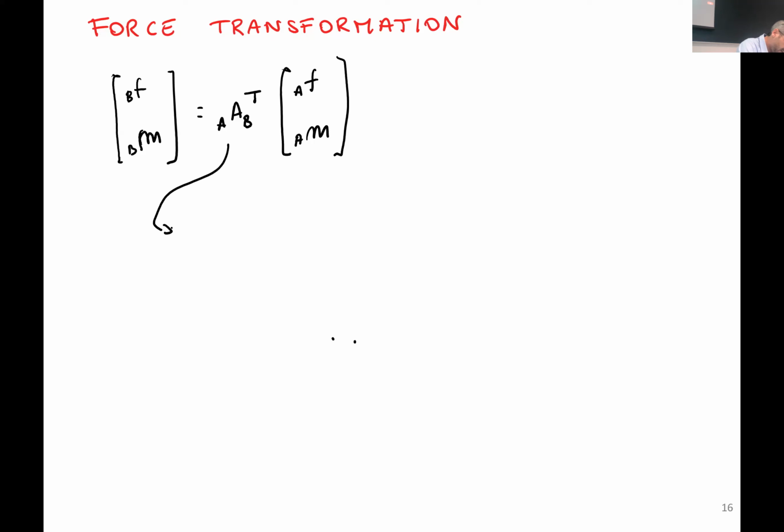And how does this look like? We do the transpose of the previous expression, we get RBA transpose. We flip the 0 that was on the lower left, we get it on the upper right. Then we do a transpose of this term, and RBA transpose.